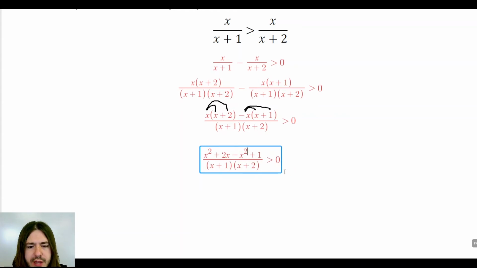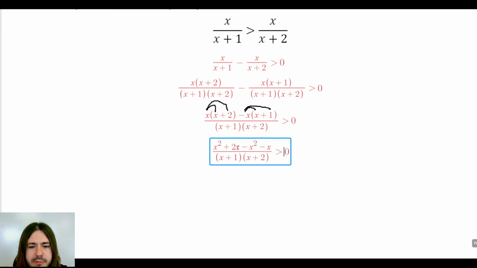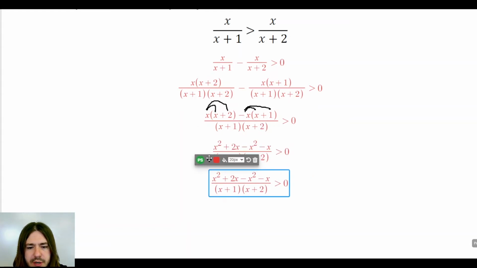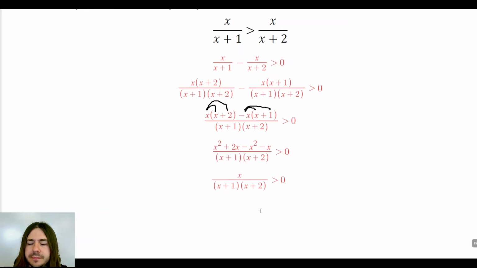Oh, this will actually work out. Pretty nice. Minus x. Now, when I combine my like terms, notice how the x squareds are going to cancel each other out. And then we've got 2x minus 1x, which is just going to be 1x. So all we're left with is just an x up top. So this actually worked out real nicely.